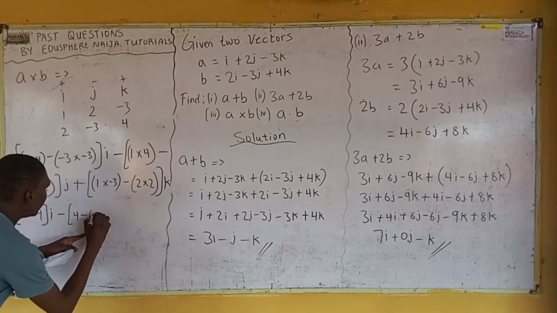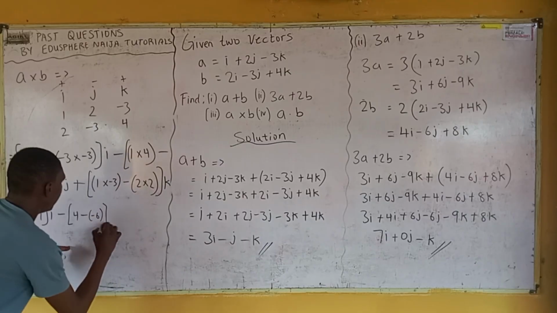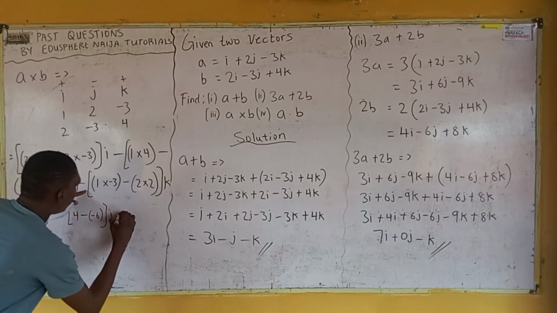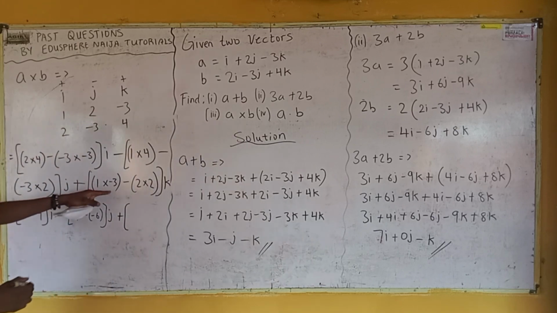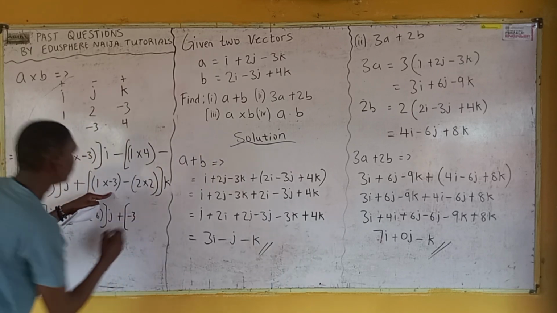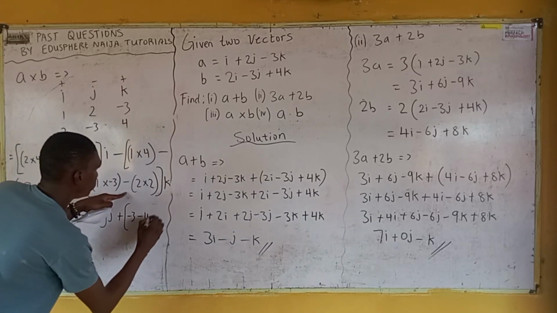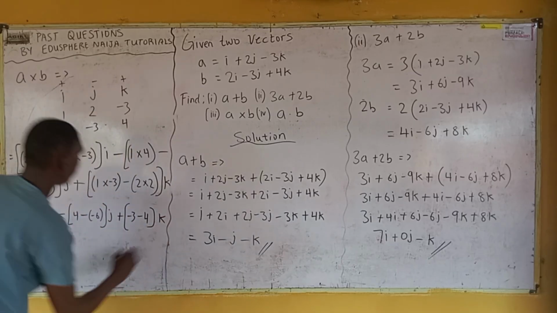So minus 6, and that is for our j. Then the next one for our k, plus 1 times minus 3 is minus 3, then minus 2 times 2 is 4. And that is for our k.